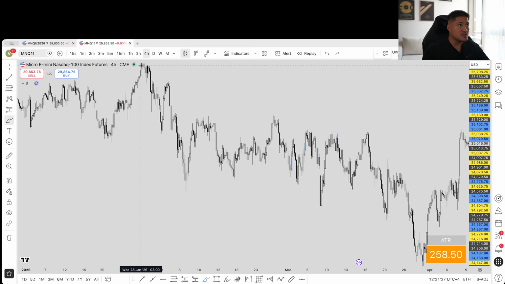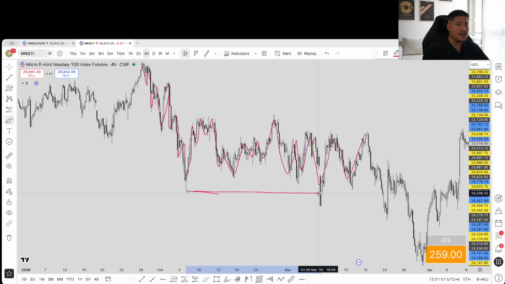Then we correct a little bit more, then we go down, but we can't break this point, so we consolidate. This is a consolidation right here, not too clear, but you can still see it. And as soon as we break this point again, we are in a bearish market structure again, and then we push lower.